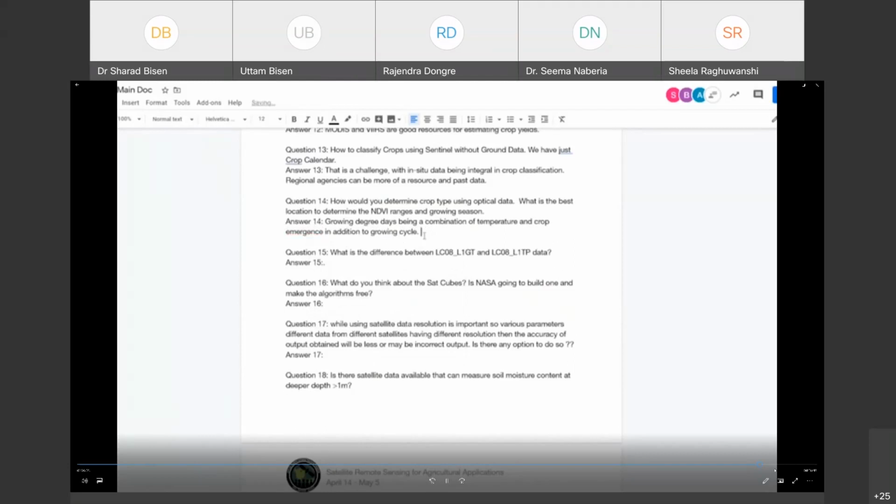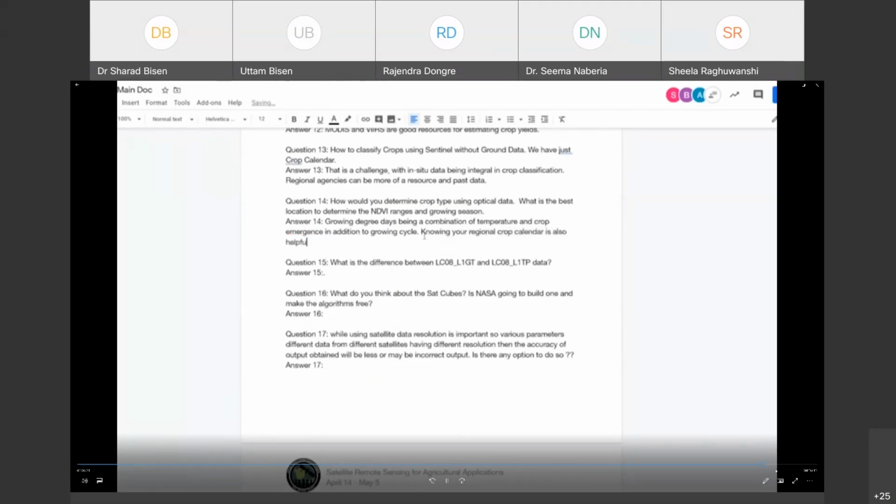The important one is knowing the crop calendar for a specific region of the world. By knowing the crop calendar and planting, you can tell the difference between, say, soy versus corn or a different crop. And this is assessed using NDVI as well as the crop calendar.